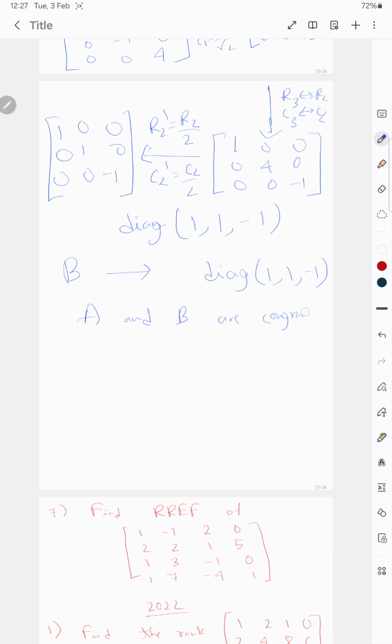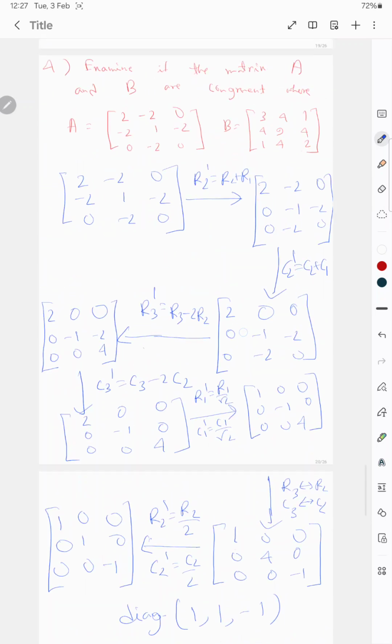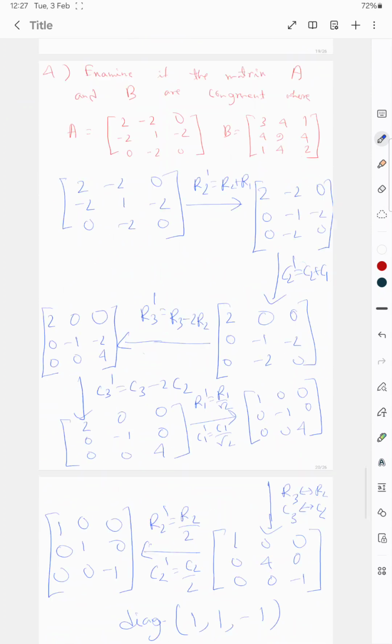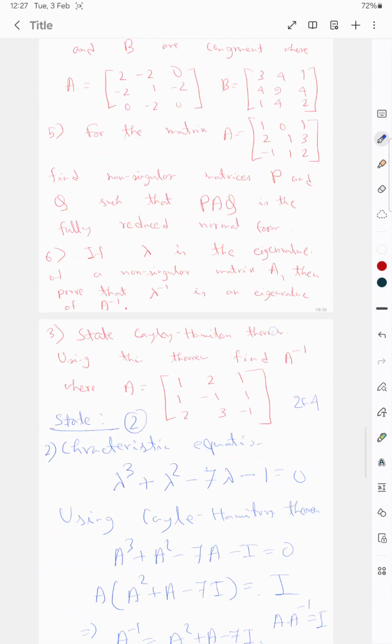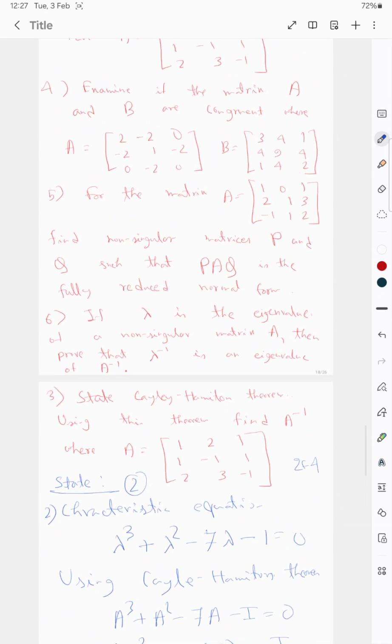So what you have to do, whatever operation you are making, you have to apply the same for column. Okay, then you practice this problem. Okay, this is your part 1. 51 is what? 51 is your, for the matrix, PAQ will be full reduced normal form.